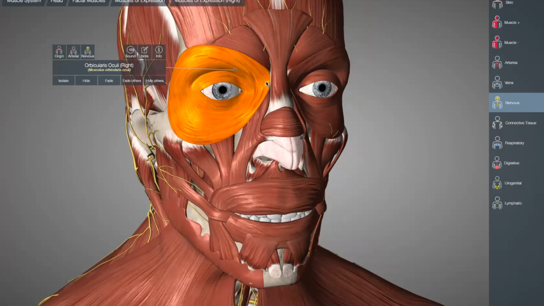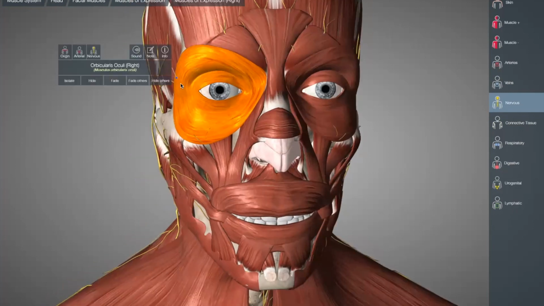Then the medial palpebral ligament, and the lacrimal bone. It inserts onto the skin around the margin of the orbit.